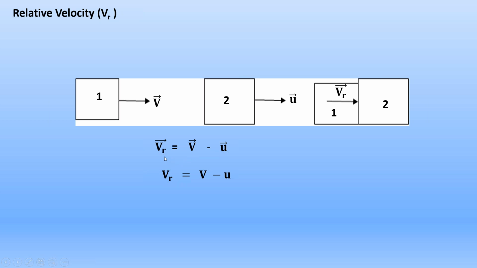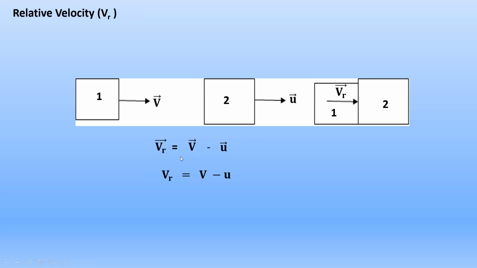This is the equation for the relative velocity: v bar, the absolute velocity of the first body, minus u bar, the absolute velocity of the second body. This is called the vector subtraction equation. Vr bar is equal to v bar minus u bar.